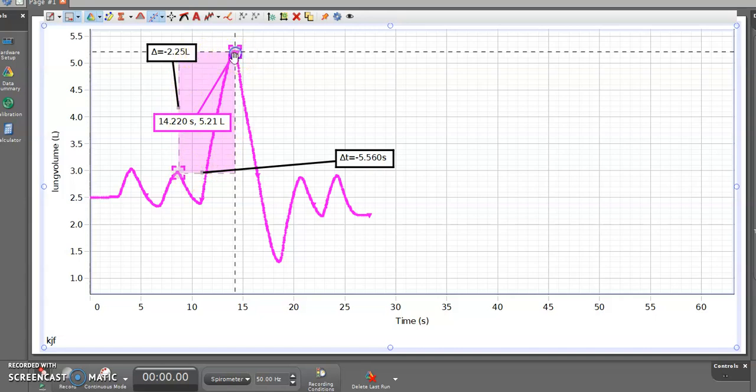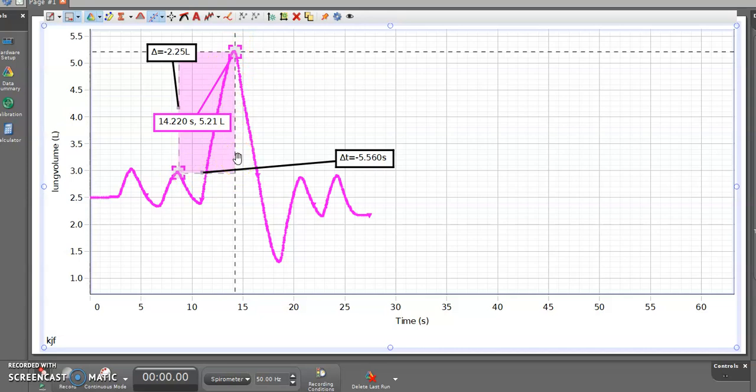So you can see that I'm going to go from the top of my tidal volume peak up to the very top of my inspiration. And that's going to be 2.25 in this example. So I have my tidal volume, my inspiratory capacity, and now my inspiratory reserve.